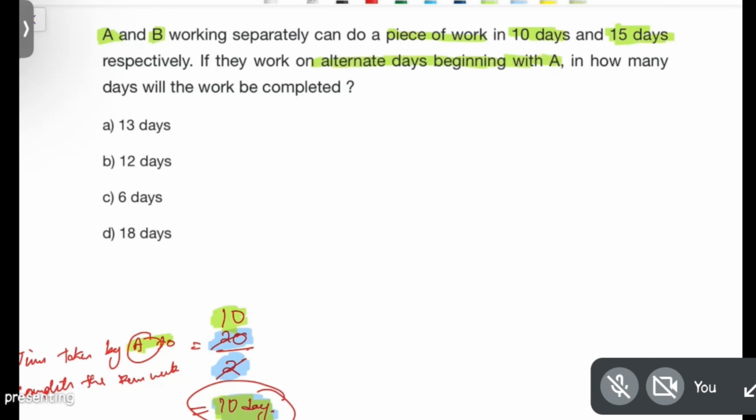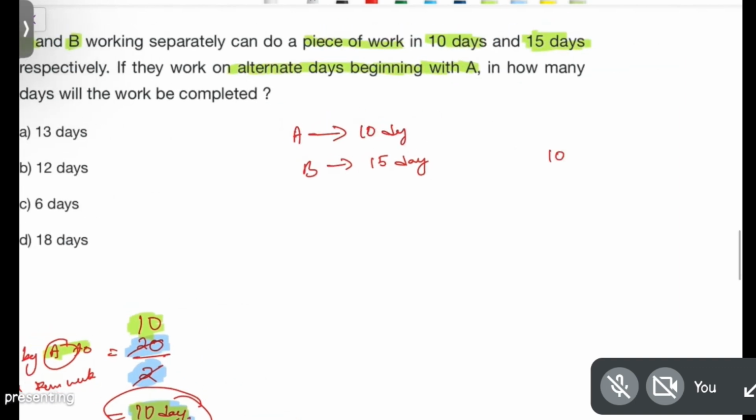So I'll just write it in simple words. A can do it in 10 days and B can do it in 15 days. Just like we did earlier, for 10 and 15, take the LCM, which is 30. 10 times 3 and 15 times 2.